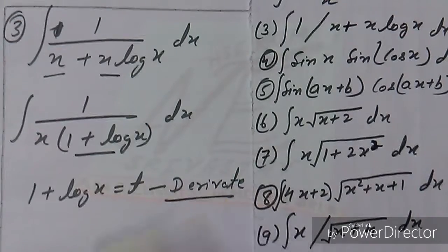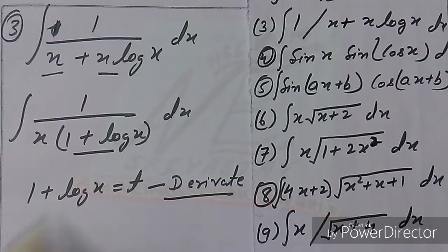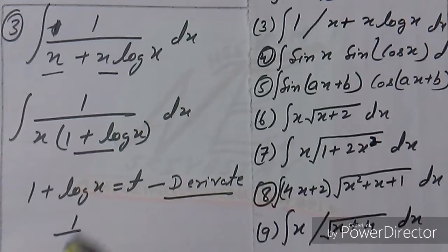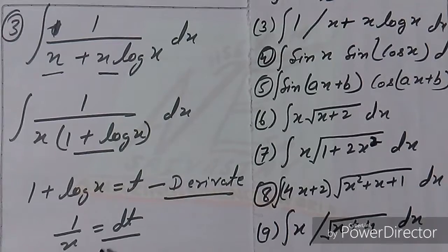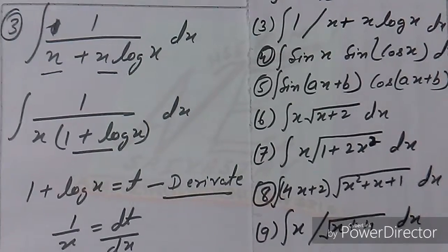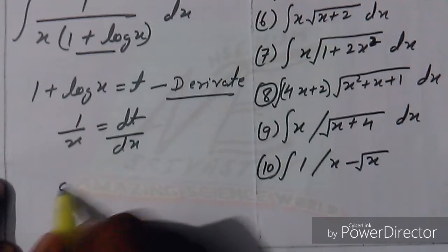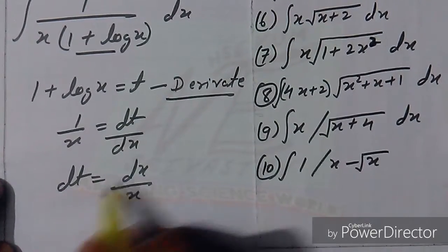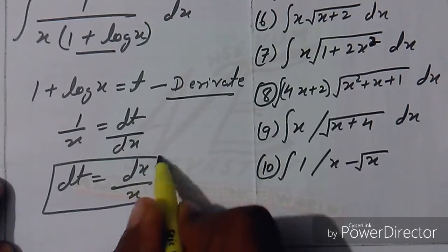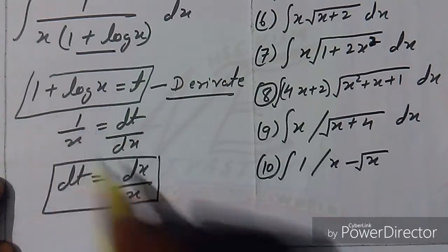Then what comes is the derivative of 1 is 0 and of log x is 1 by x, equal to dt by dx. My friends, now dt is dx by x, friends. Now these values we put in the equation.